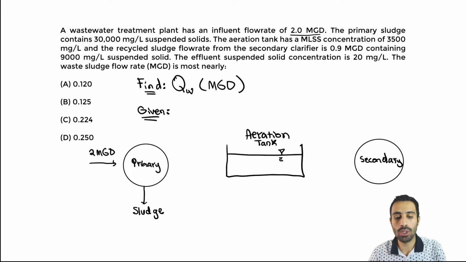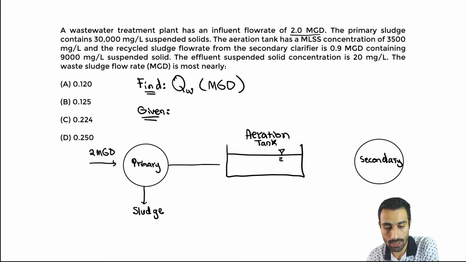So we're not going to really apply a mass balance around that primary to get what comes out in terms of the flow rate. We're going to say that the 2 mgd that comes into the whole wastewater plant is what is going to be coming in and coming out of the primary. So in this case, we can denote it coming out like this. Then it goes into the aeration tank, and I can put 2 mgd here for that.